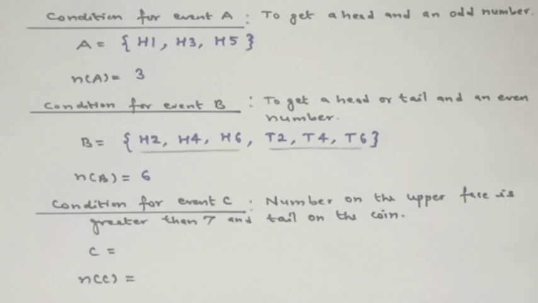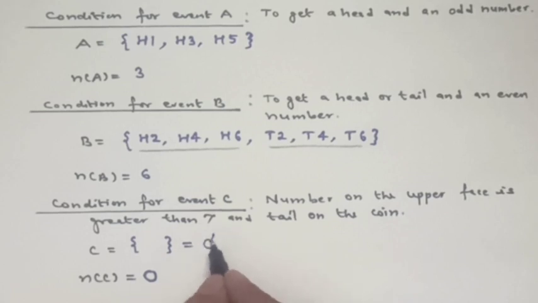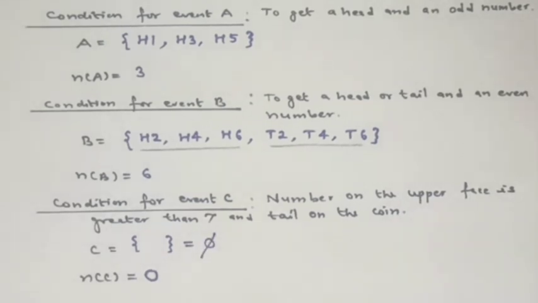Since I cannot get any number greater than 7, I am getting an empty set. That means no elements are found. That means it is 0. You can write this way or you can write another notation for the empty set.